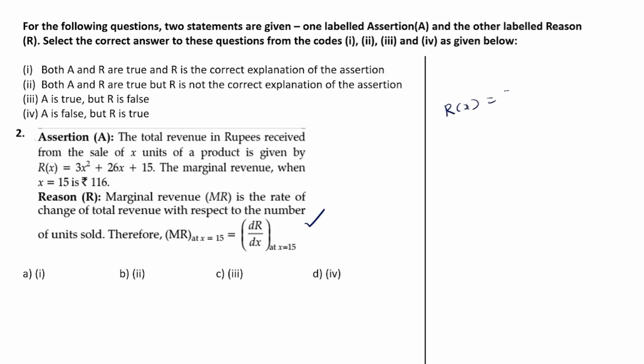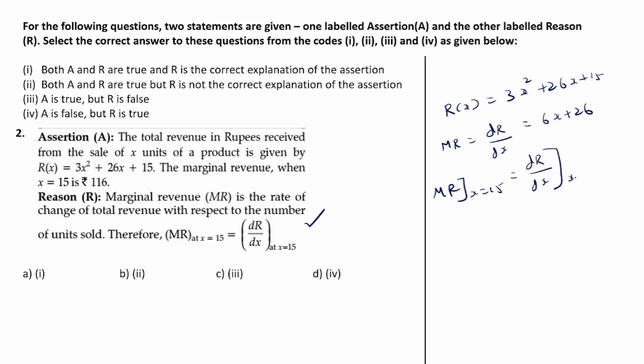So R of x is given as 3x square plus 26x plus 15. So marginal revenue will be dR by dx, which is 6x plus 26. Marginal revenue at x equal to 15 is the derivative of the revenue function at x equal to 15.